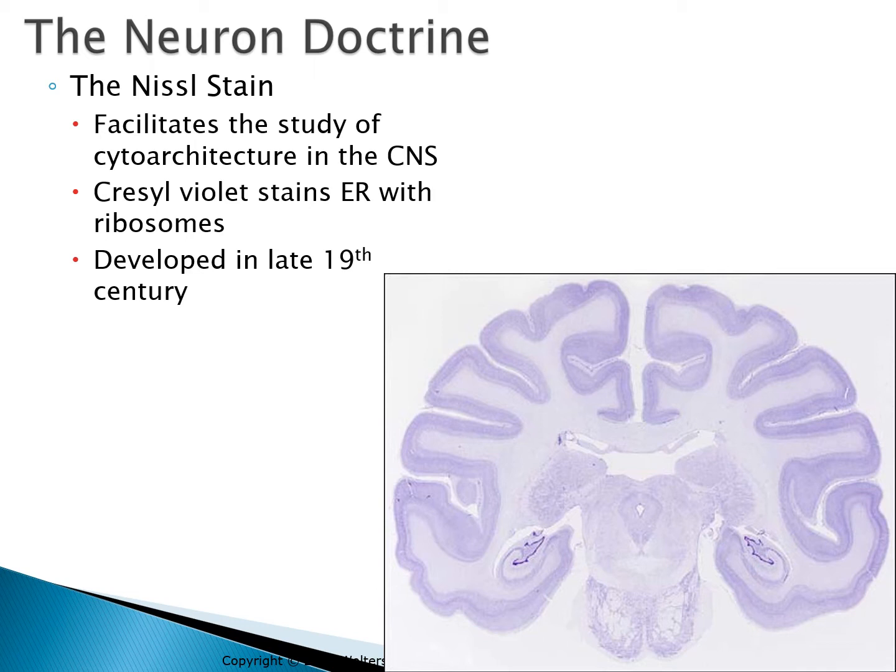Here you can see that on the exterior portions of the brain, the outermost regions, you're getting a lot of staining, whereas in this portion, you're not getting that. So that's telling you here we have no ribosomes, and here we have lots of ribosomes.